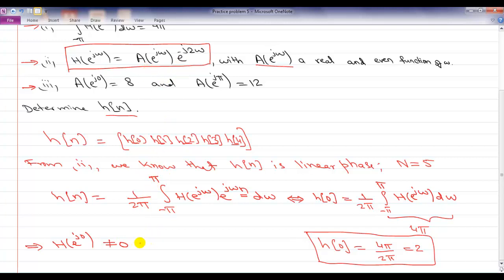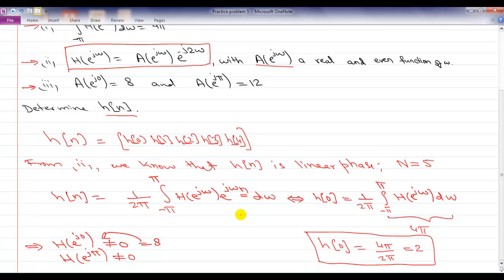Okay. This is equal to 8, so it is not equal to 0. And also H(e^jπ) is not equal to 0. So we don't have a zero at z equal to 1 and z equal to minus 1.